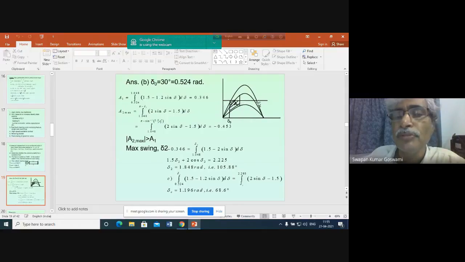Input power is 1.5, and if the fault is sustained, the output power curve is always this one, whose peak is, sorry, 1.2, always less than the input power line. So if the fault is sustained, we can say without any calculation, by observing the values only, that the system will become unstable.